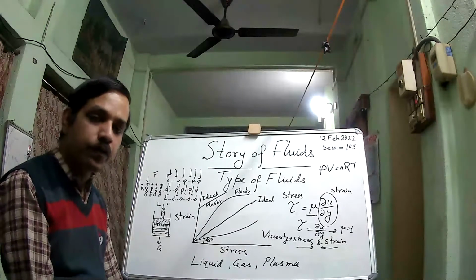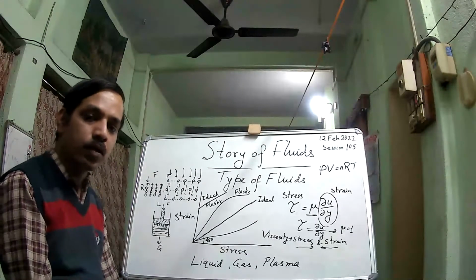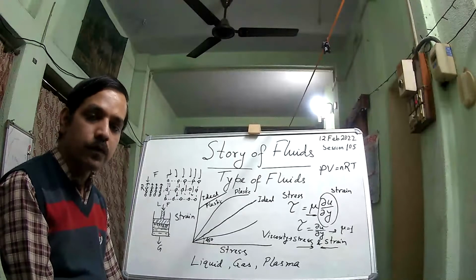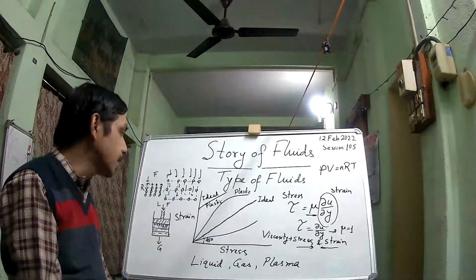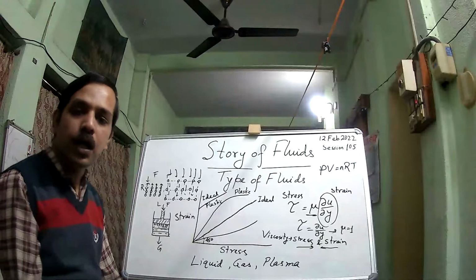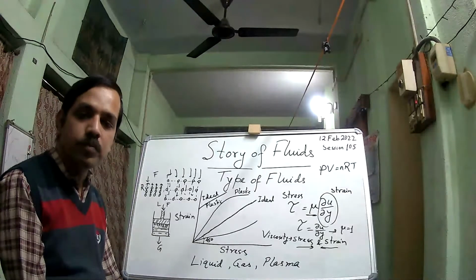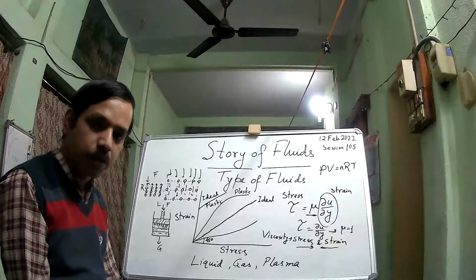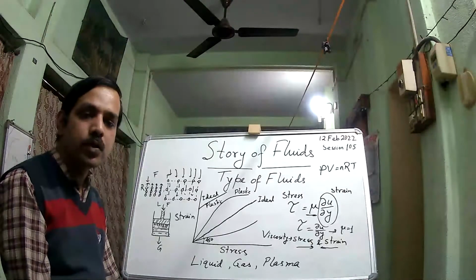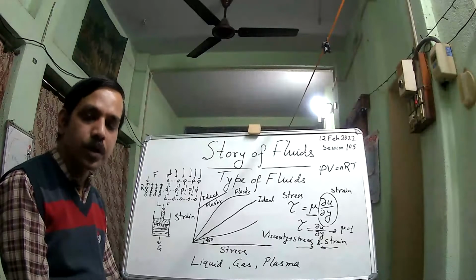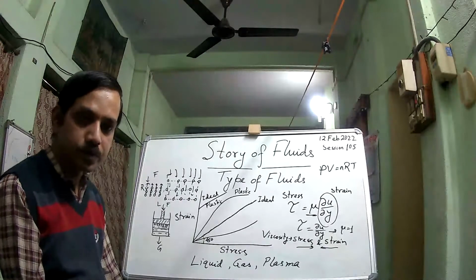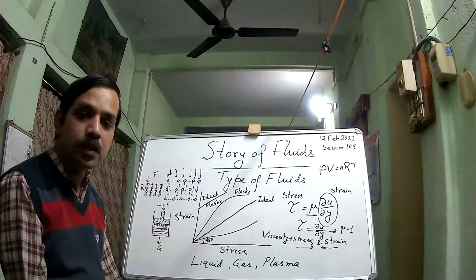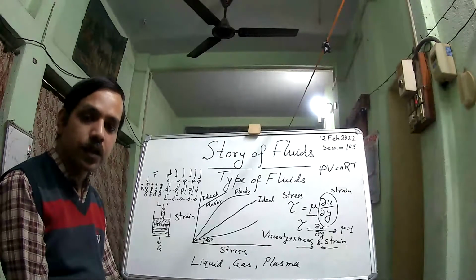That flow pattern, the movement, or the diversion from its original path will depend not only on the shape of the object but also on the properties of the fluid. So diversion is a different thing.